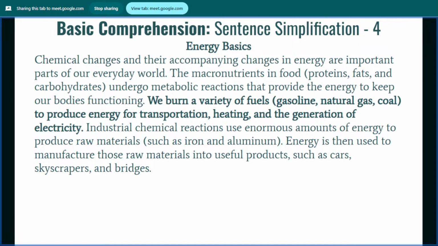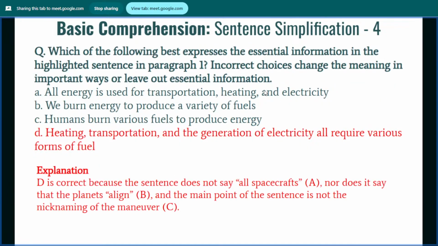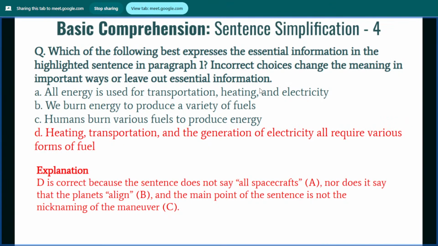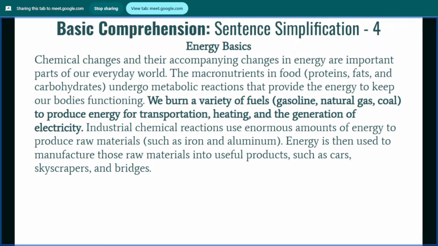Look at the highlighted sentence, I mean. Yeah, we burn a variety of fuels. Sorry, one second. Okay, ma'am. A variety of fuel is used to produce energy for transportation, heating, and regulation.